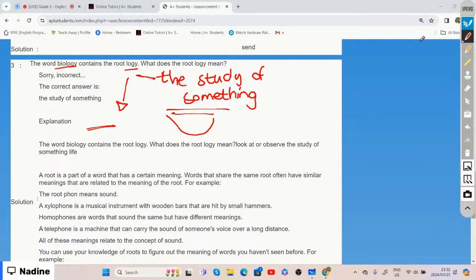These meanings are related to the meaning of that specific root. So biology, physiology, histophysiology, those all mean something to do with the study of something, because they share the same root, which is logi.